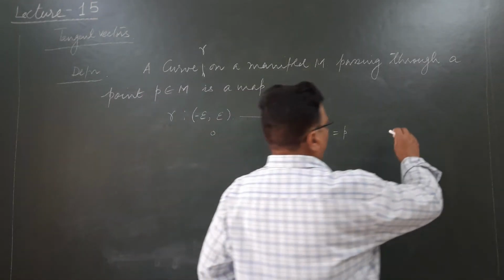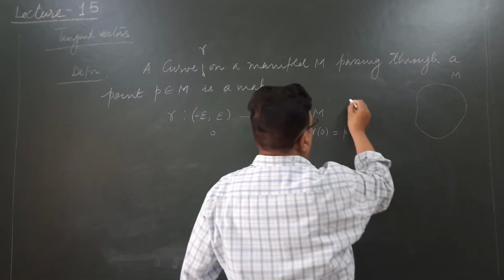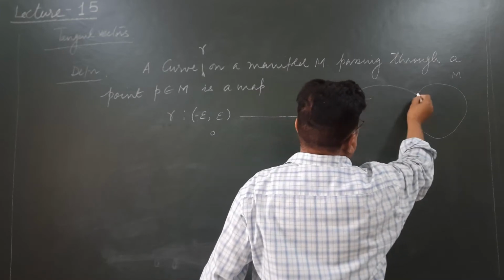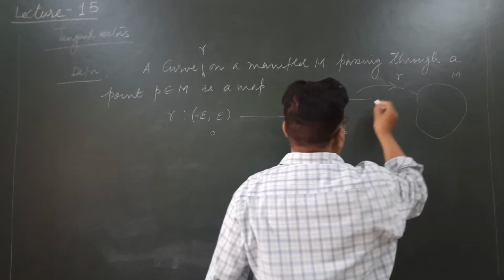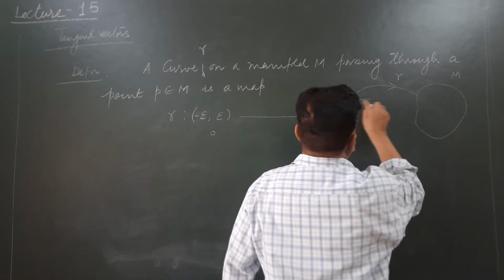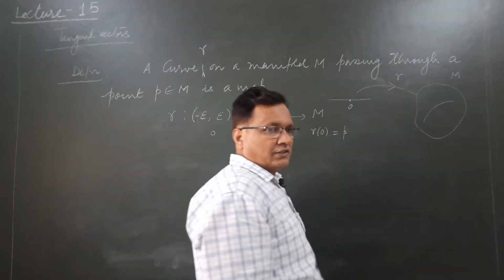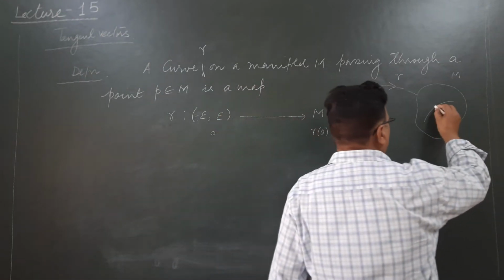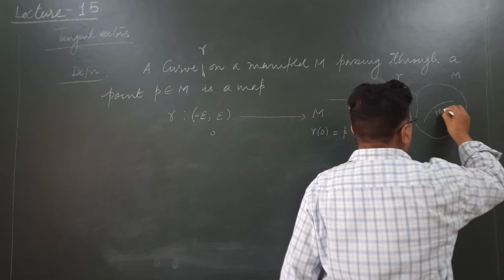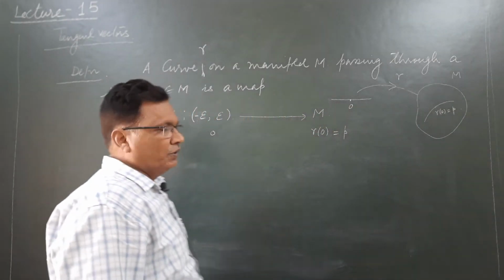So P is a point over here, M is a manifold over here, gamma is a map which takes this interval over here. Suppose 0 is somewhere over here. So the image of this interval will be a curve like this. It will pass through the point gamma 0, which I am calling P. Okay.